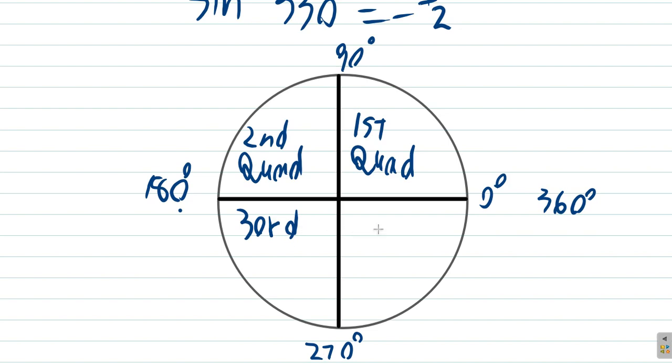And between 270 and 360, you have the fourth quadrant. So you have four quadrants here. First quadrant is 0 to 90, second quadrant 90 to 180, third quadrant is 180 to 270 degrees, and fourth quadrant 270 to 360 degrees.